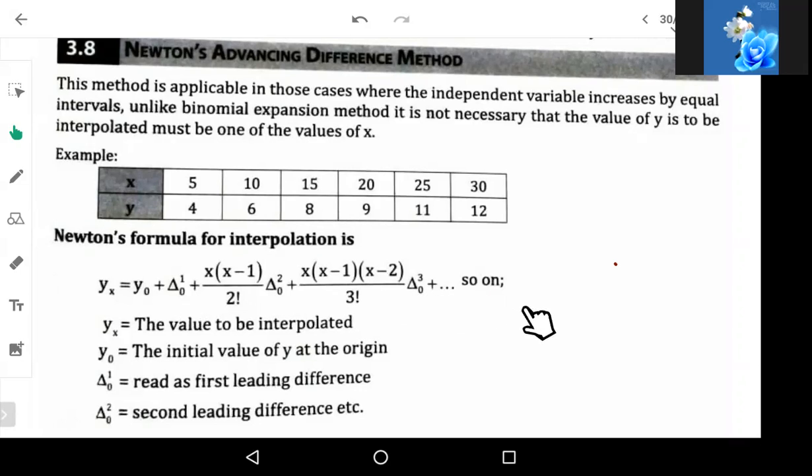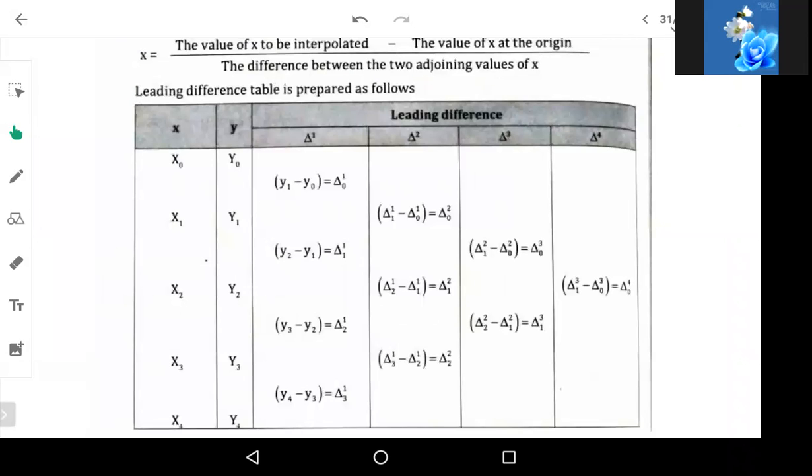It continues for as many leading differences as we get. Before you get confused, let us see how to find all of this.